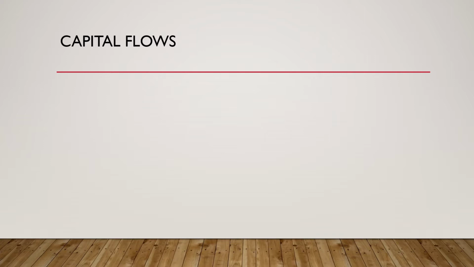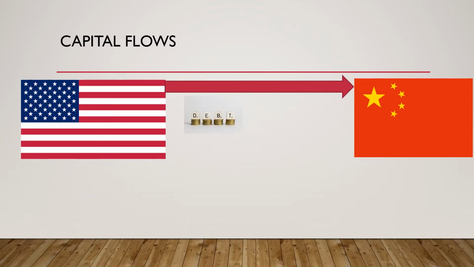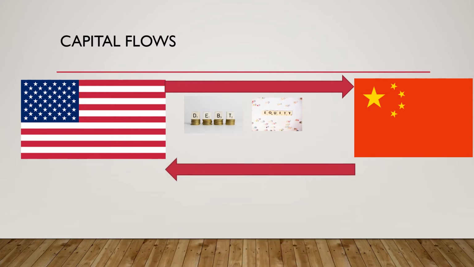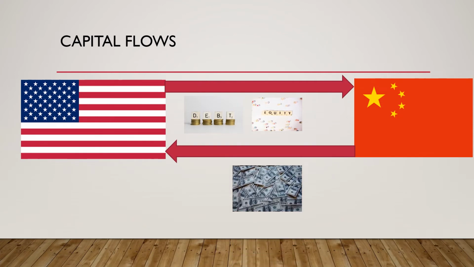Since China is sending in the goods and US is sending in the dollars, that's the current account. In the capital account, US will be sending in the debt, the US government debt, the corporate debt, and the equity of US companies. And Chinese investors would be buying using the very same dollars.